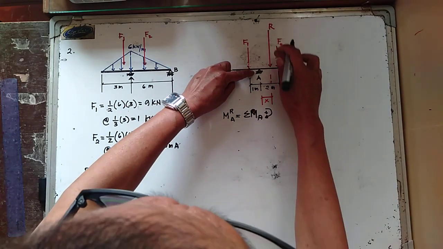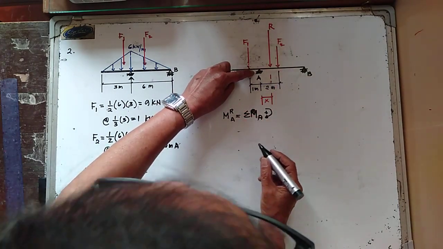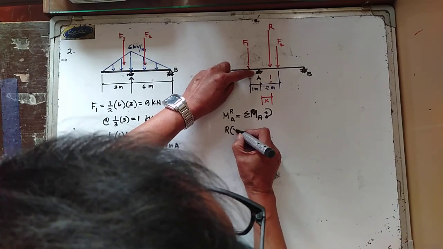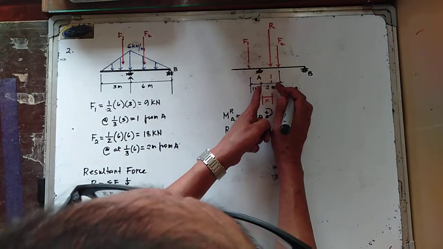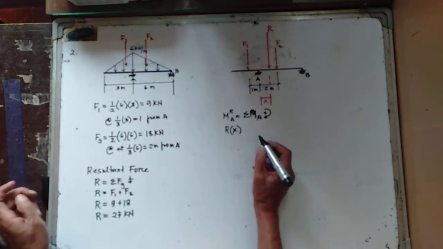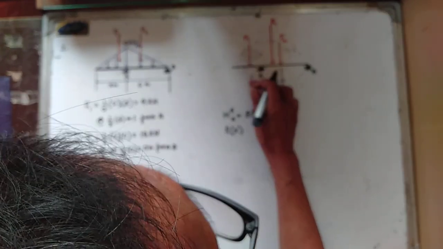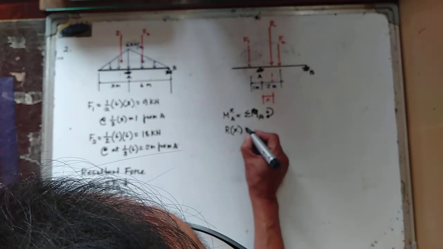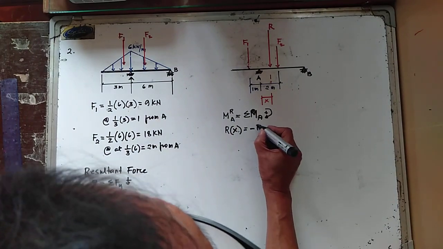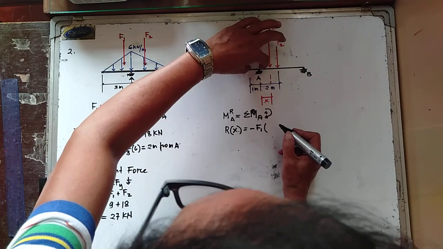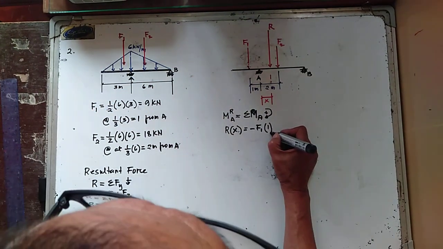So the resultant is going clockwise about point A. So we have R multiply this one by x. And then your F1 is going counterclockwise about point A. And that is minus F1, multiply this one by the moment arm, and that is equal to 1.